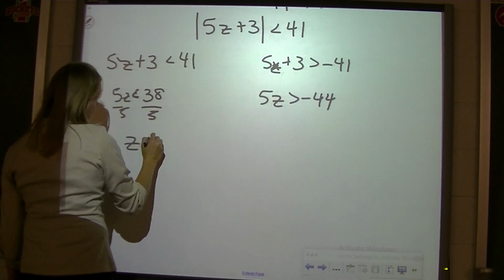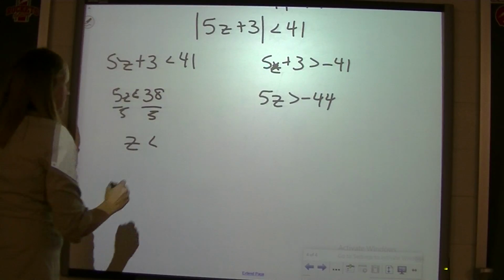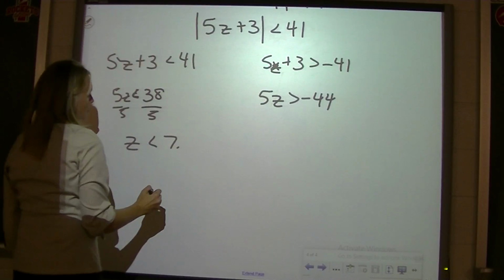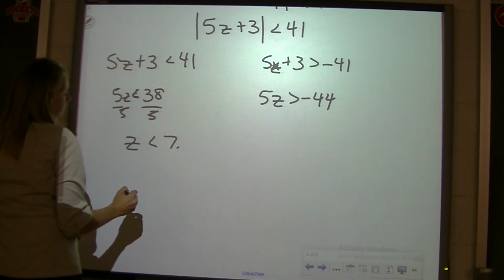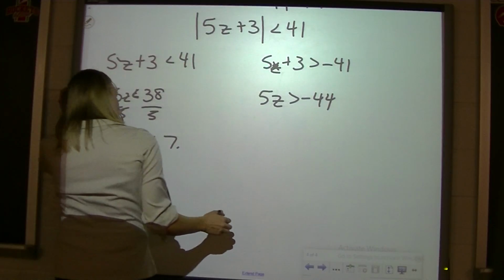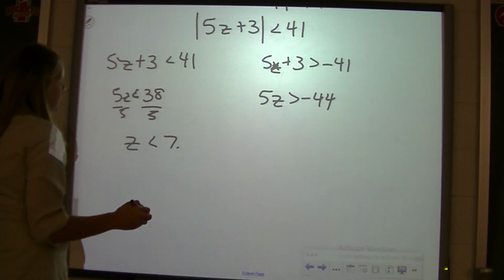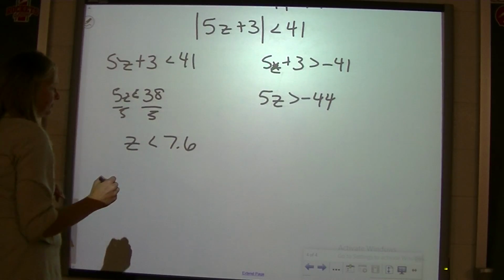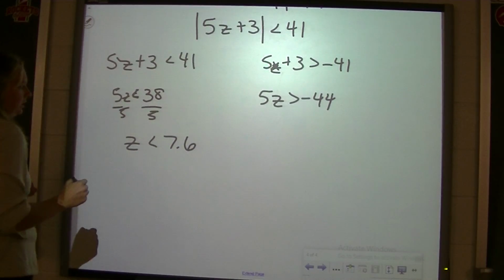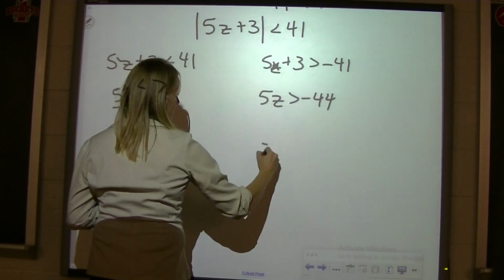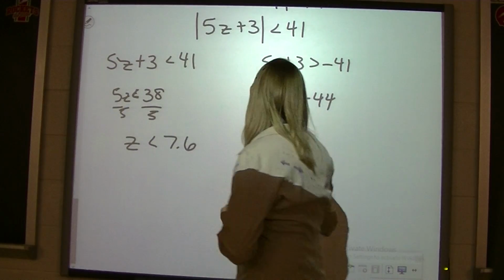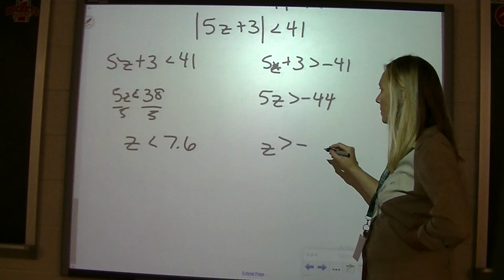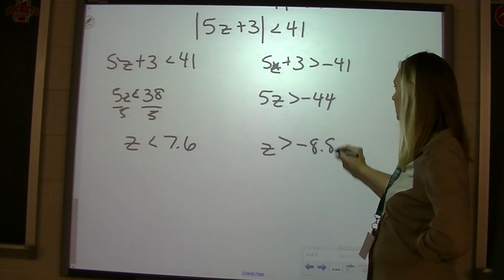So I'm going to have z is less than 7.6, and then this will be z is greater than negative 8.8.